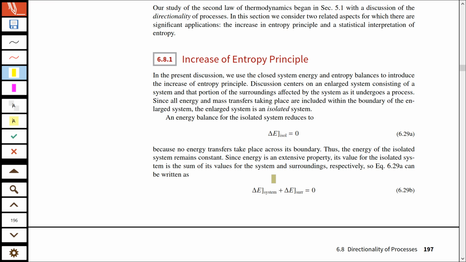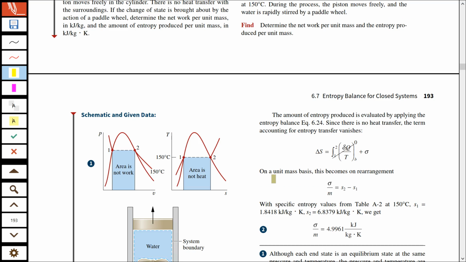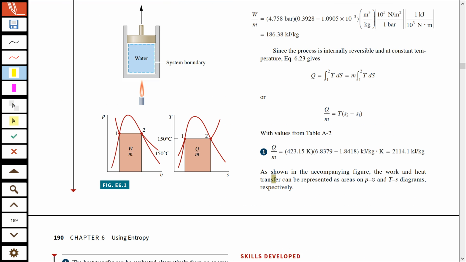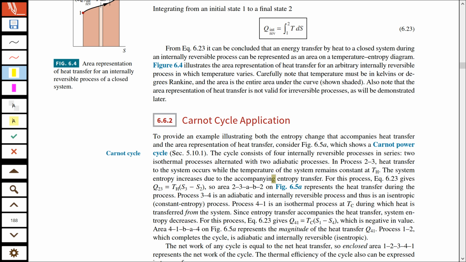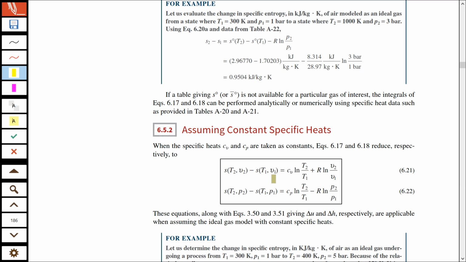I think we're done with that. What's this ideal gas? I don't remember if it was in this chapter. Yeah, these equations. You remember? The entropy change between any two states. It depends on whether the state is described by temperature and specific volume. For that, you will need to use the first equation.